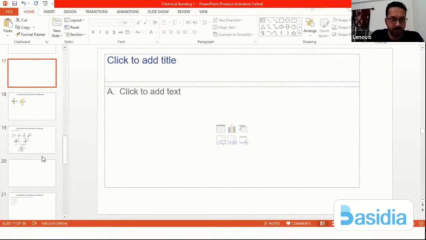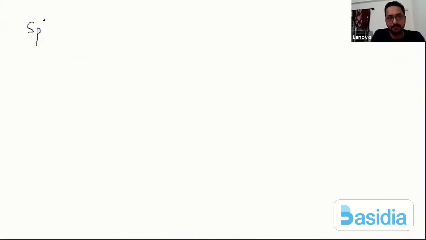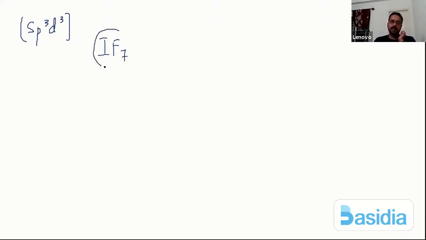If you take an example of an IF7 molecule, the homework is to identify the hybridization of iodine and how exactly the promotion of the electrons takes place.